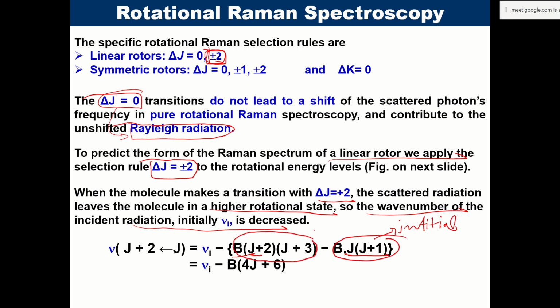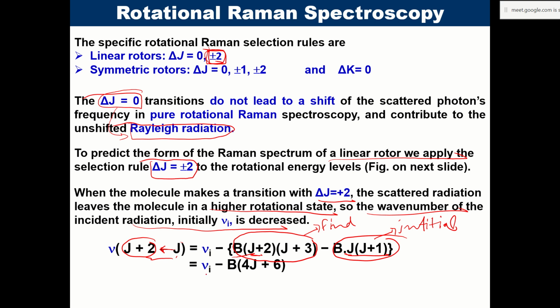So we changed J. J to J plus 2. Look, this is the change of J to J plus 2. So accordingly, B J into J plus 1, you get these values. So the formula is: the frequency of the incident light, minus B into 4J plus 6.